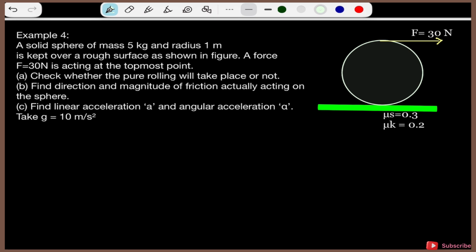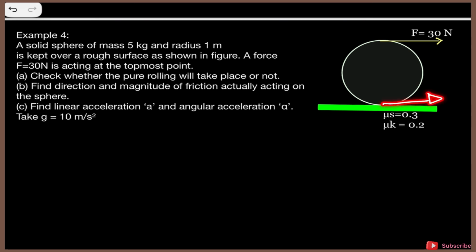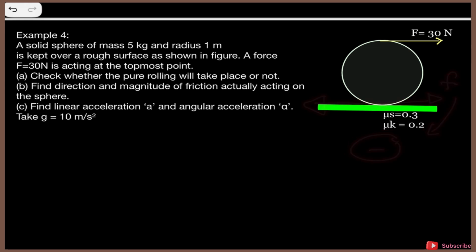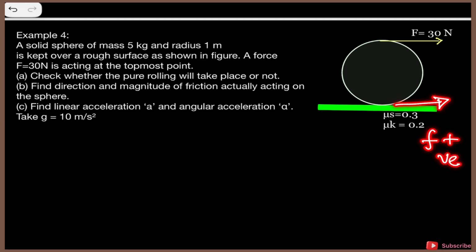Otherwise we can assume the friction acts in the forward direction, and if we calculate the value of friction and it comes out to be negative, it means that the friction is acting in the opposite direction. If the value of friction comes out to be positive, it means that the direction chosen by us in the diagram is correct. So let's discuss this situation in this diagram.